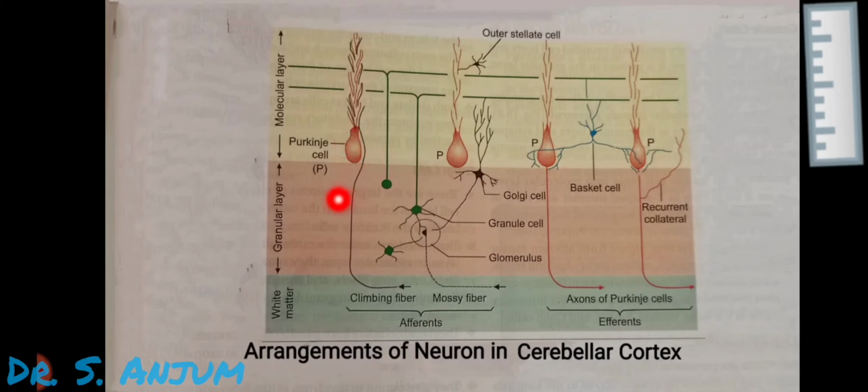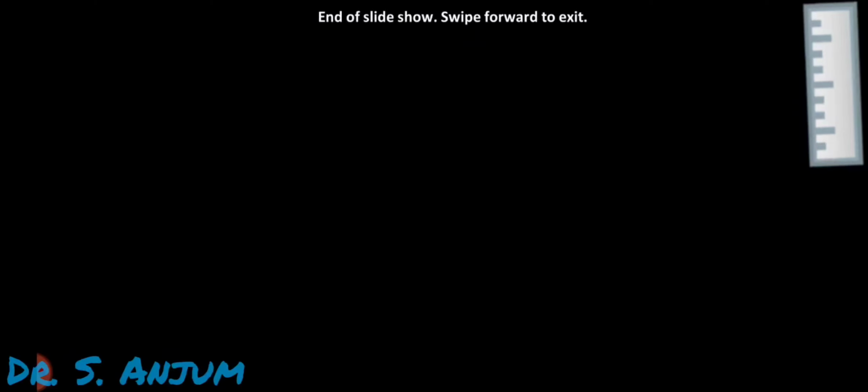Then granular cells, you can see the Golgi cells. These are granular cells, and this is the basket cell. That's all.